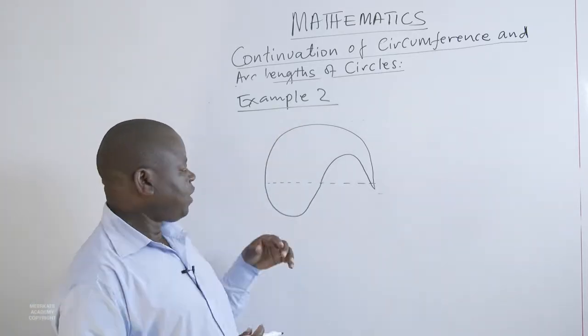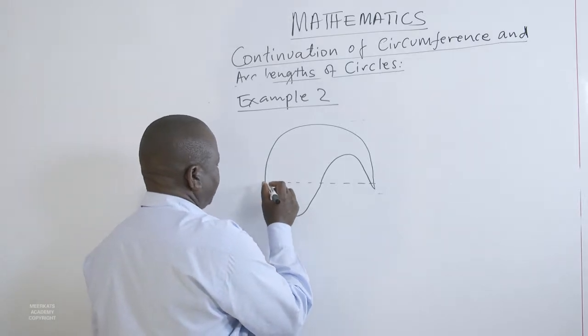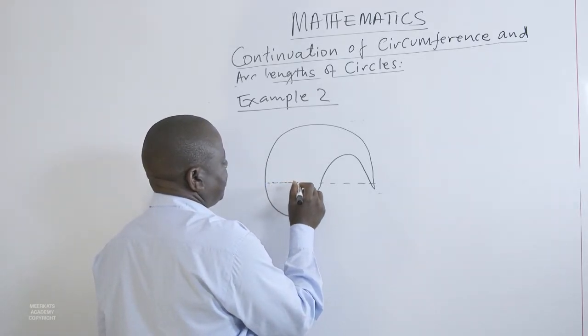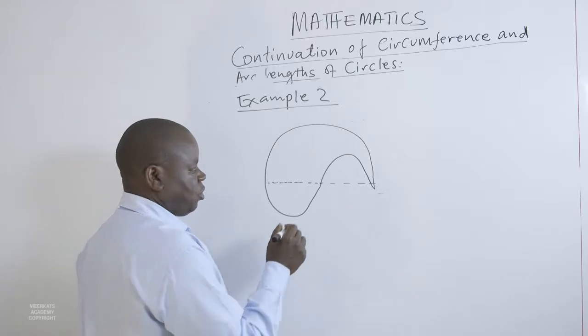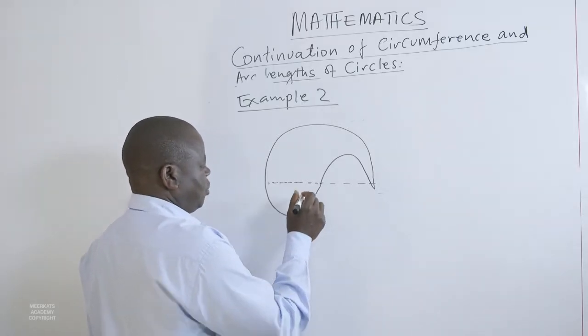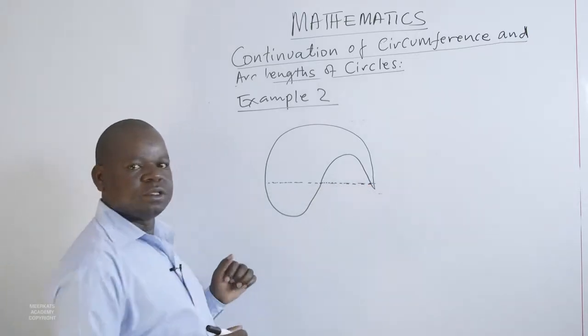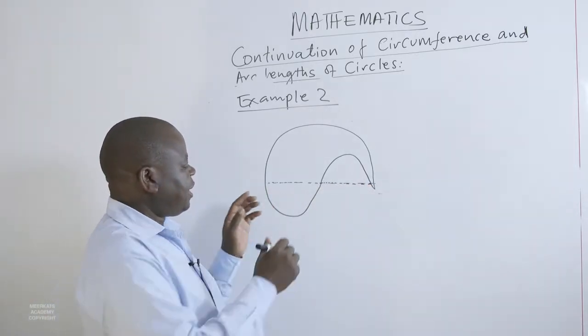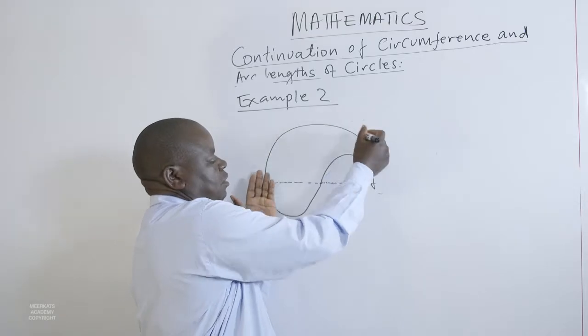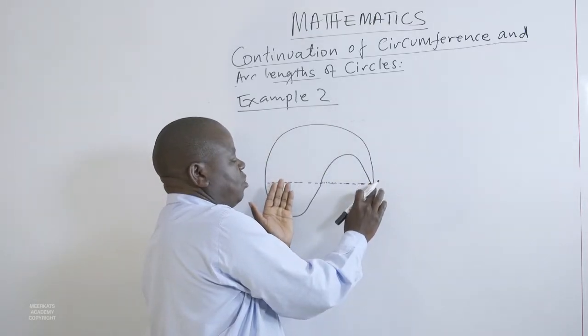So if you look at this figure, the lower part is a semicircle. This part also is a semicircle. The upper part is also a semicircle.